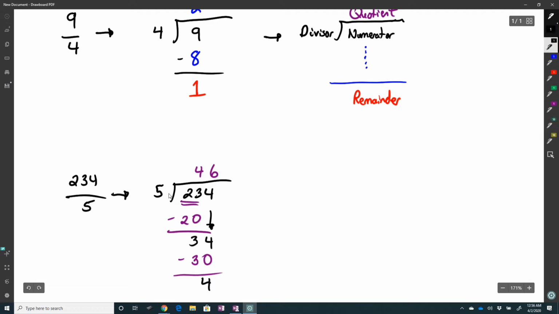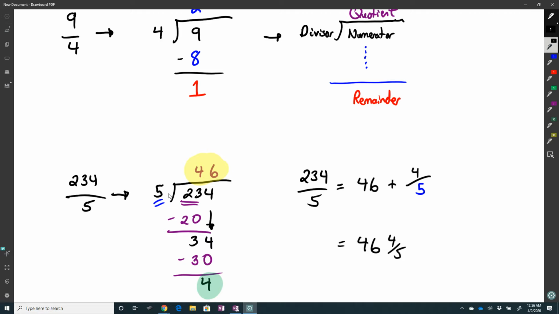I know that 234 over 5 is equal to, you take the quotient, 46, plus, and then you take the remainder, 4 over, and then the divisor. If you wanted to write it as a mixed number, you would say 46 and 4/5.